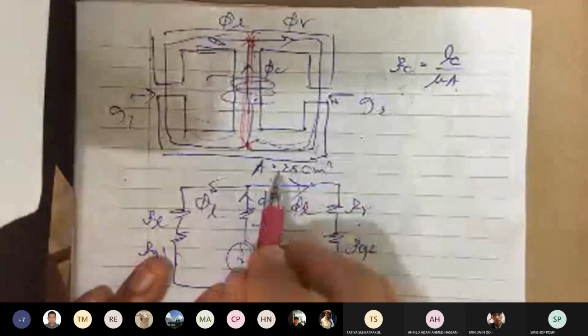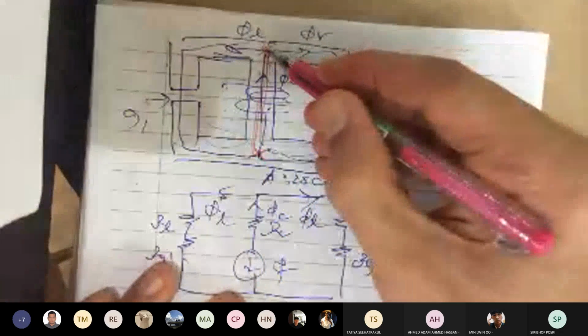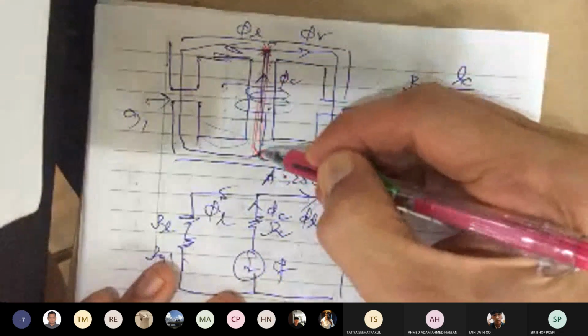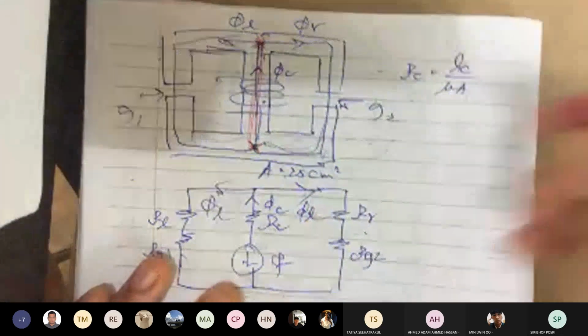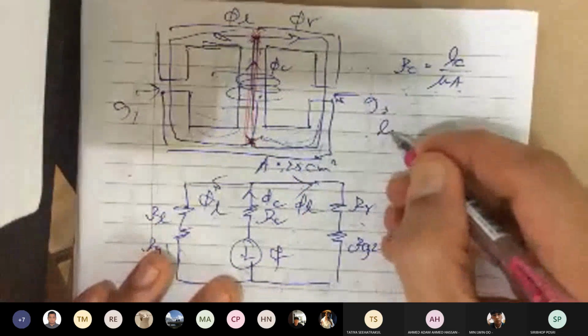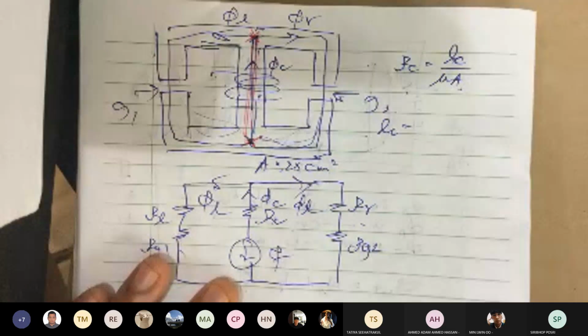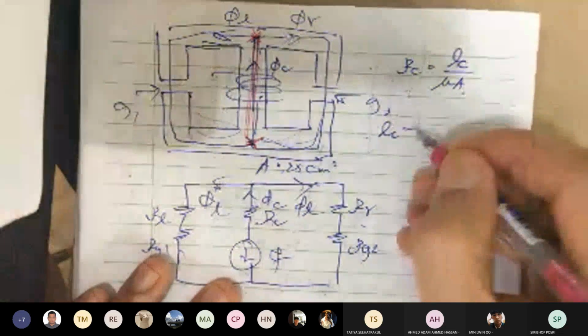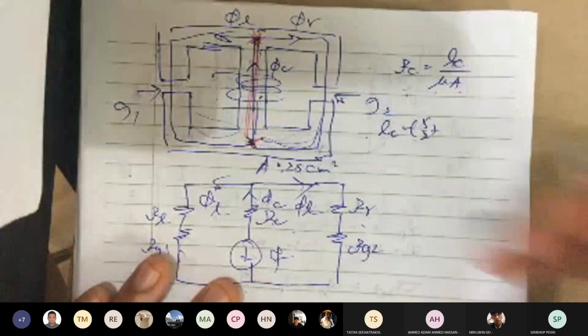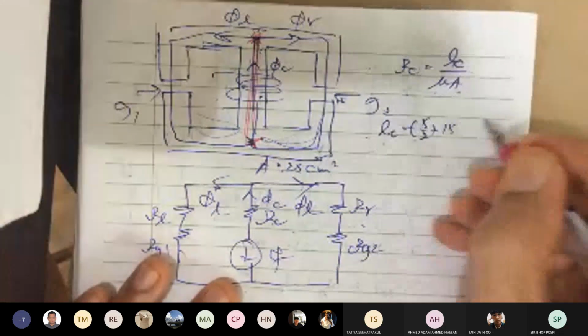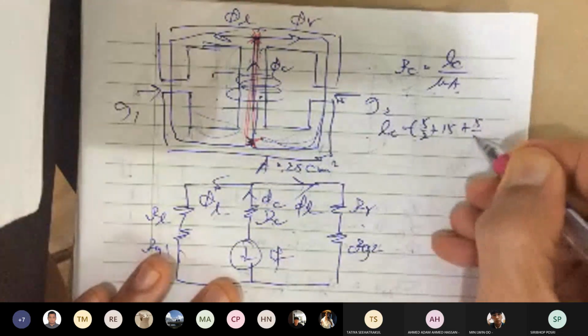Now LC, again, it's from this path, the red ink, down to here. So that means LC must equal 5.5 plus 15, right? Plus 5.5.